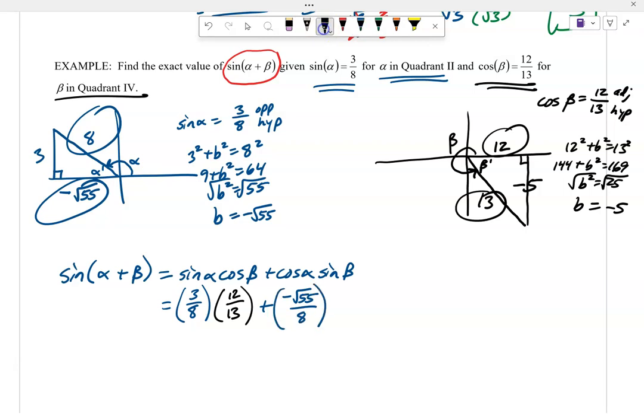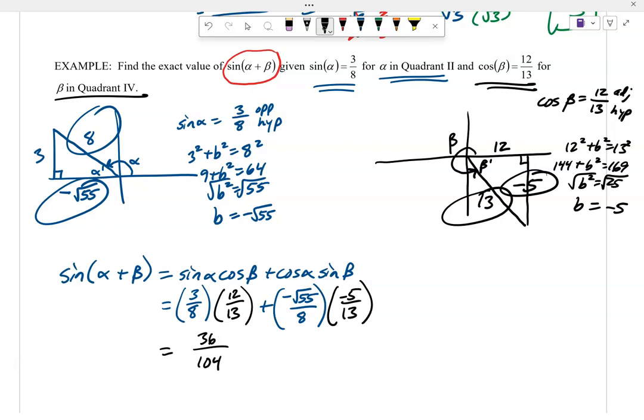Sine of beta. Let's go over to the beta picture. Sine of beta, sine is opposite over hypotenuse. And so we got 36, what's that, 104?